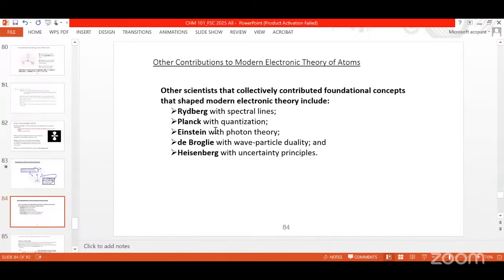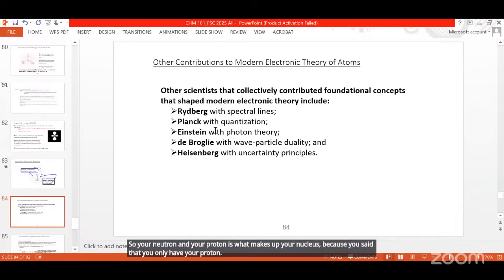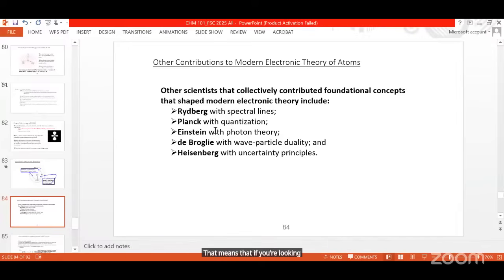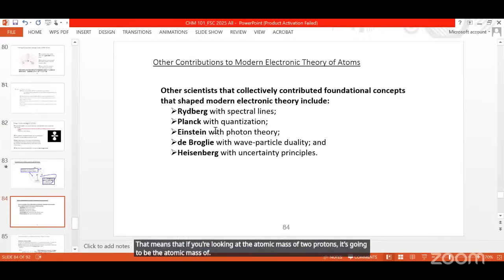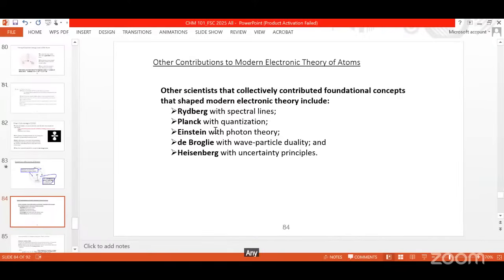So your neutron and your proton is what makes up your nucleus. Because if you say that you only have your proton, that means that the atomic mass of any atom that has 2 protons would be the same, which I explained was not true. Good. Yes. James Chadwick discovered the neutron. Yes, you are correct.